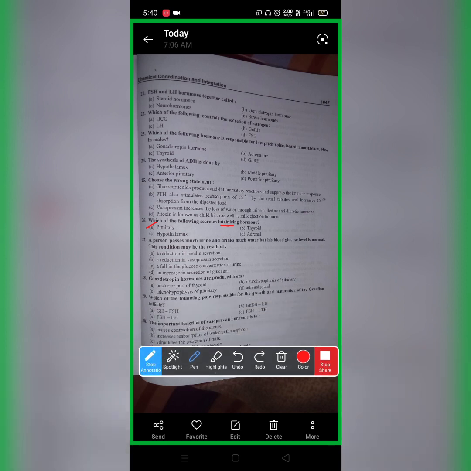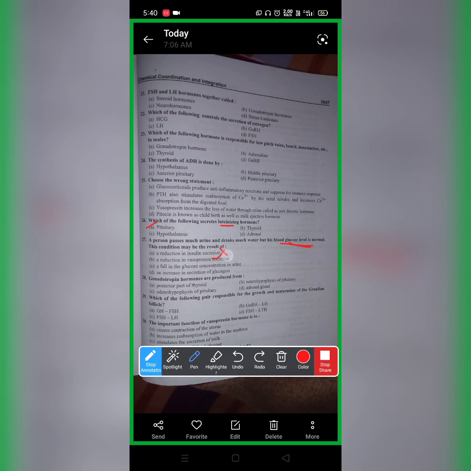Coming to question number 27: a person passes much urine and drinks much water, but his blood sugar level is normal. What does this condition result in? Is it reduction of insulin secretion? Insulin is secreted by beta cells of the pancreas. Whenever the blood glucose level has increased, even in your urine, the condition is called diabetes mellitus.